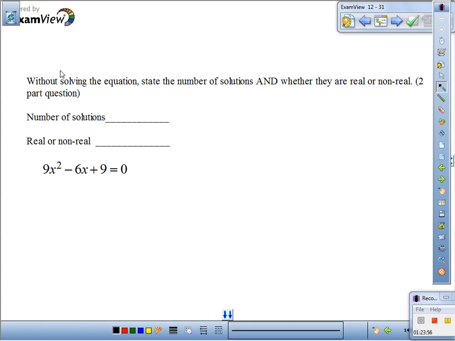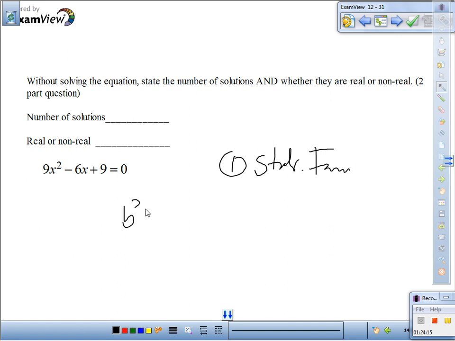Here it goes. It says, how many solutions for this one? So check this out. Step 1, is it in standard form? Yes. So therefore, we're going to use what? We're going to use b squared minus 4ac. Remember that?